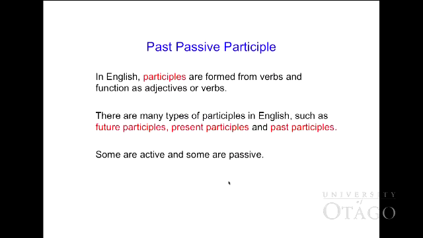In English, participles are formed from verbs and function as adjectives or verbs. There are many types of participle in English, such as future participles, present participles, and past participles. Some are active and some are passive.